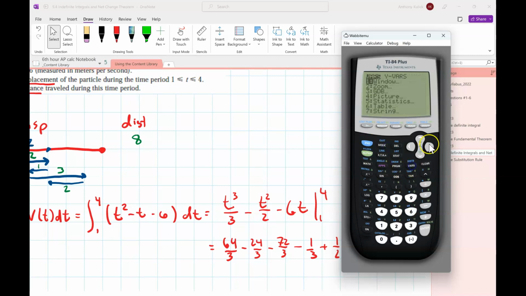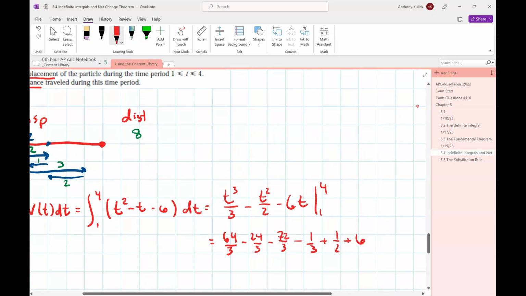And then if I do vars, y1 of 4 minus vars, y1 of 1, I get negative 4.5, and that's probably a little bit easier than trying to type all that stuff in, right?